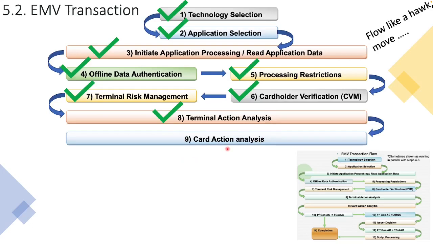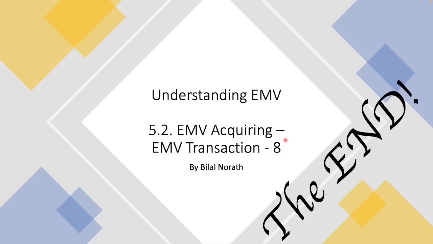And thereafter, in the video after that, we'll look at the first gen AC step of the transaction, where we will look in a bit more detail at the conversation between the terminal and the card, and how the cryptograms are requested and responded to. But for now, we've completed step 8, and in the next video we're going to be covering step 9, which is card action analysis.